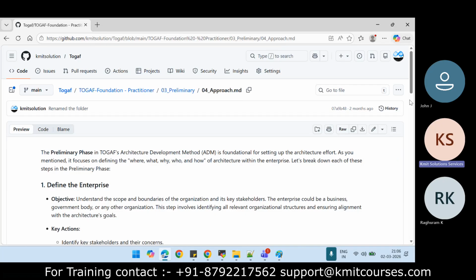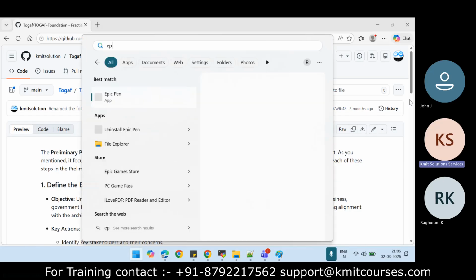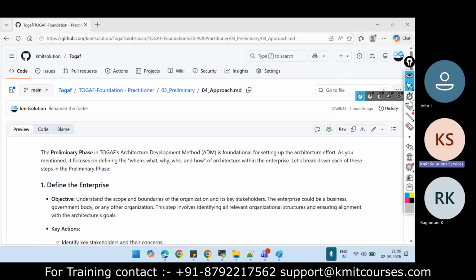There is one thing I want to mention here: whenever we are talking about the preliminary phase, we see the entire organization point of view, not only the project point of view.